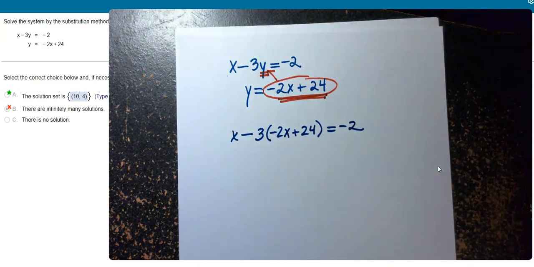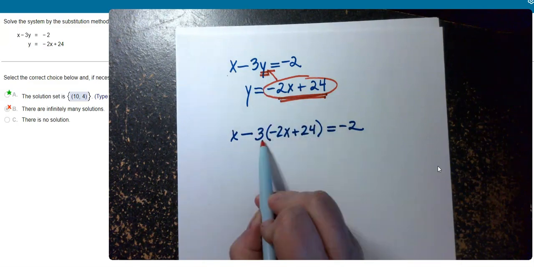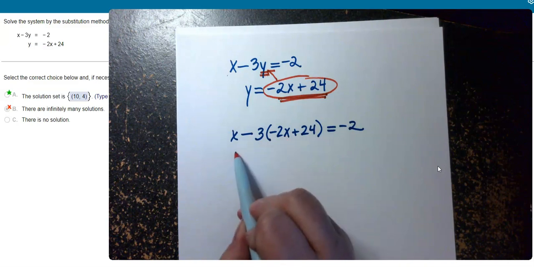Now what I've done here, and this is the purpose of substitution, this is the goal, is now I have an equation that only has one letter, one variable. We can't solve an equation until we have just one variable, and that's what I just did. So I'm ready to solve for x.